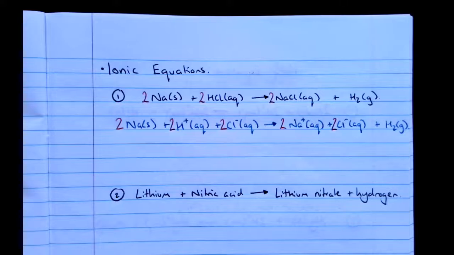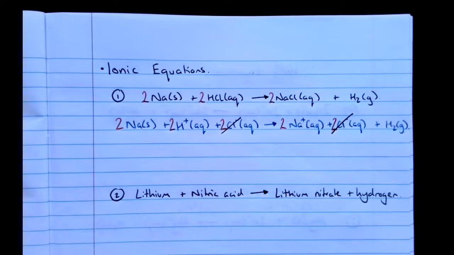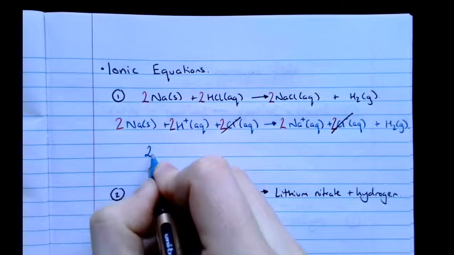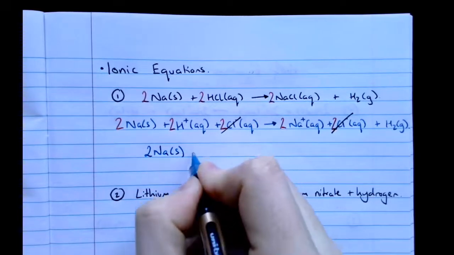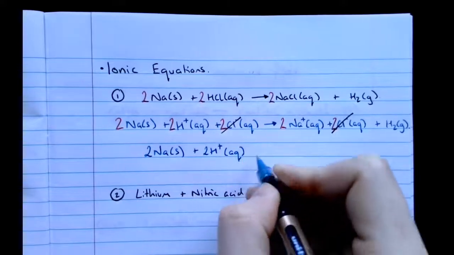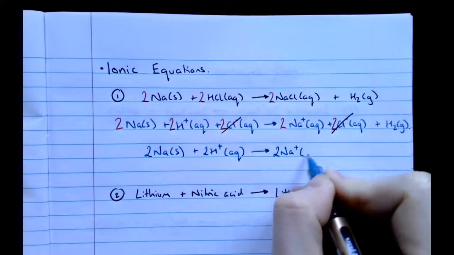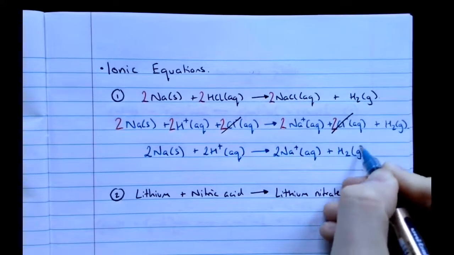So now all we need to do is decide which are the spectator ions. We can see that on both sides of the equation I've got chloride. Now I write out my ionic equation, which is 2Na solid plus 2H plus AQ gives me 2Na plus AQ plus H2 gas.